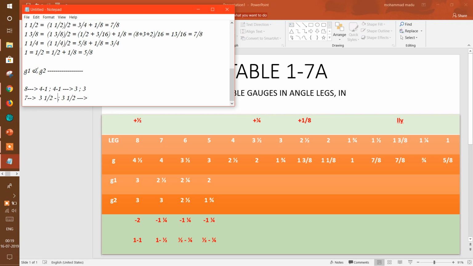And 3 1 by 2 is divided as minus 1. This 3 1 by 2 is divided as minus 1 by 2. Yeah, here you can see clearly.